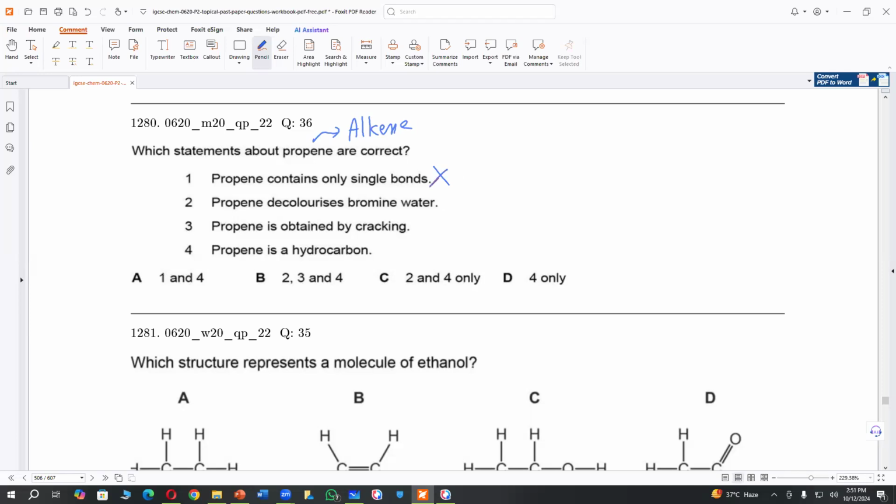First one is wrong. 2 is correct. It is obtained by cracking. Yes, alkenes are obtained by cracking alkanes. Propene is a hydrocarbon. Yes.